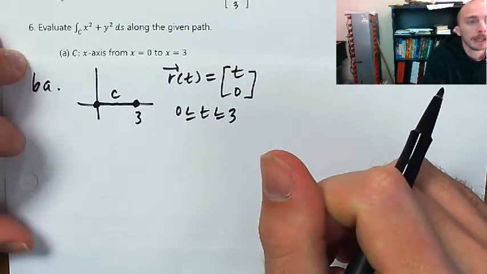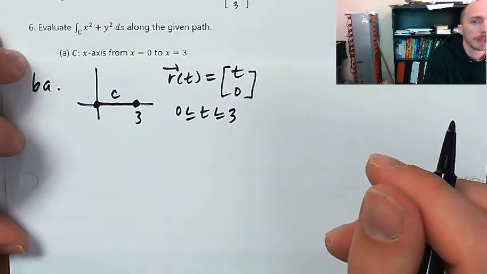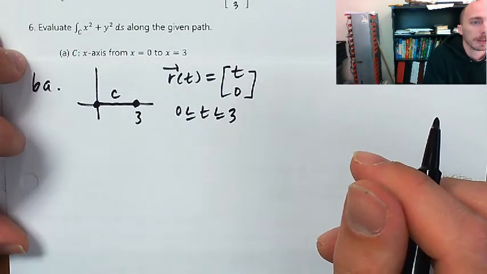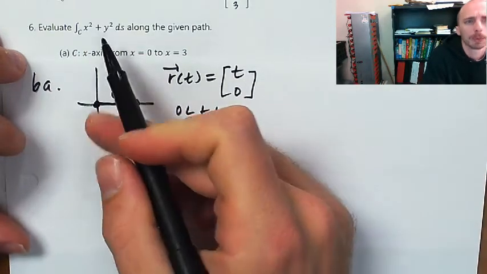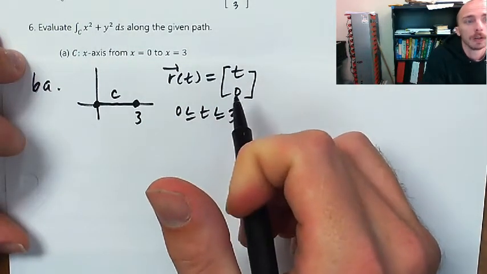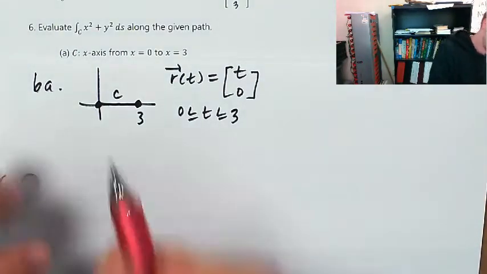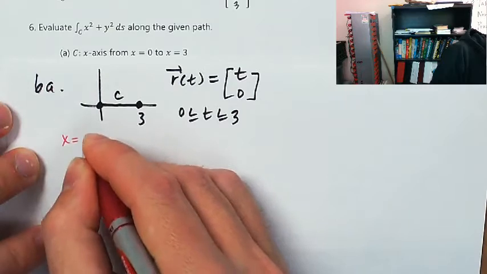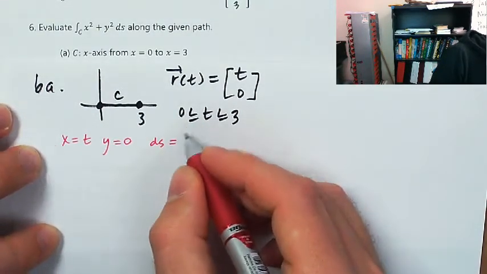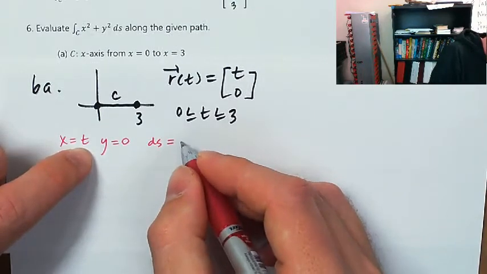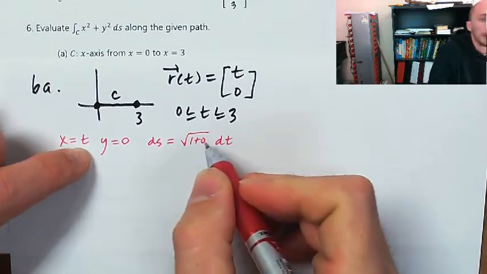Okay, and, all right, let's see. Oh yeah, x squared plus y squared, well, x is t. Maybe I'll actually write that in. The square root of 1 dt.